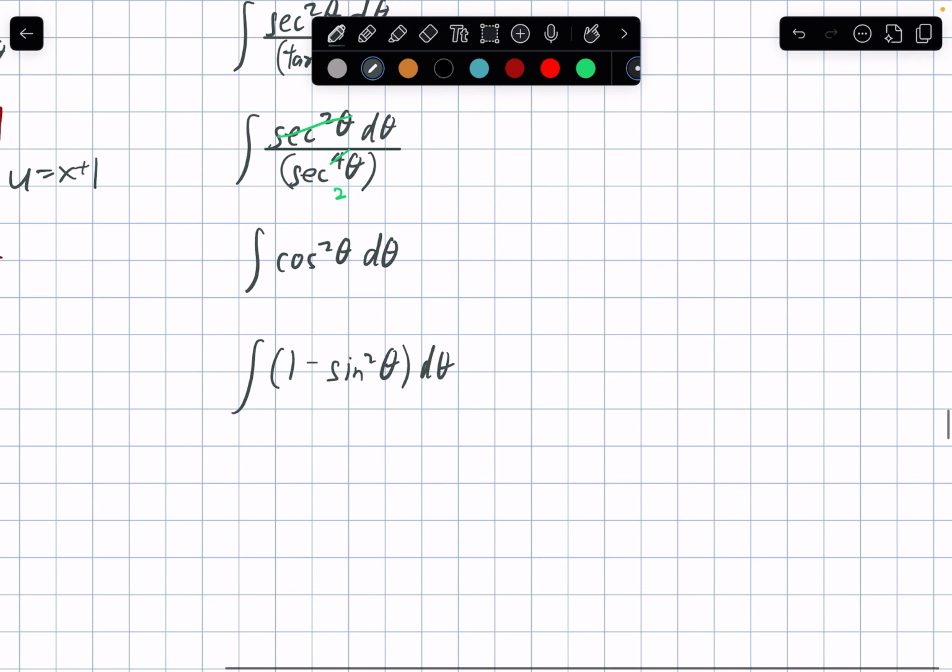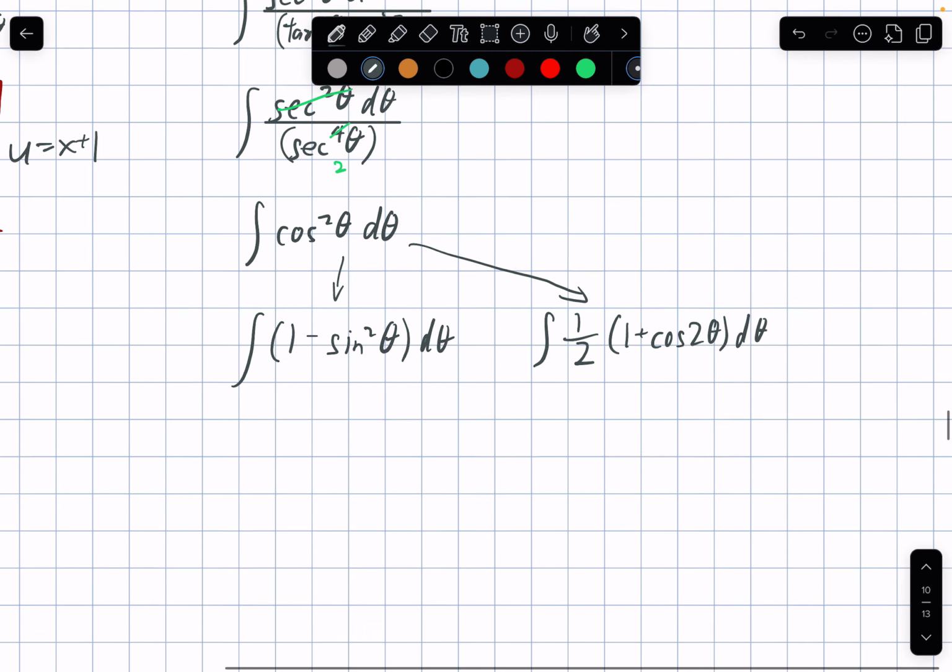Actually, there's another tool that we can use, although I'm not sure if it's going to lead to the same answer. Cosine squared theta is also the same as 1/2 times 1 plus cosine 2 theta. We'll see. We'll try to solve using both methods.